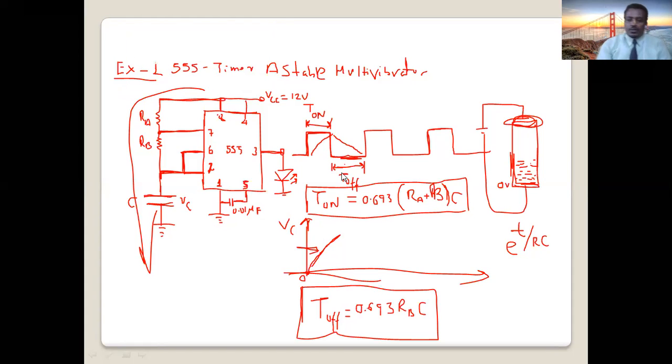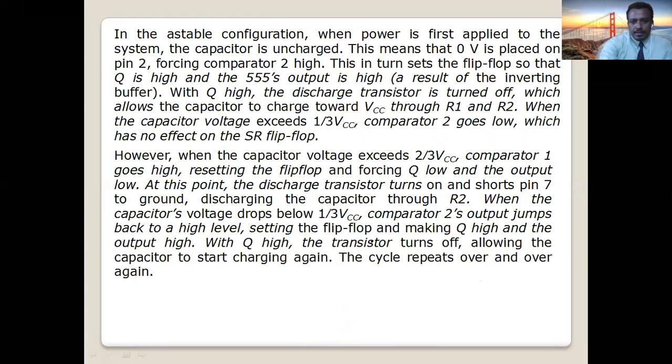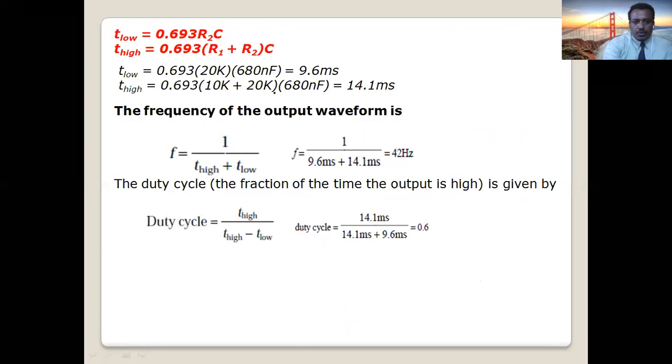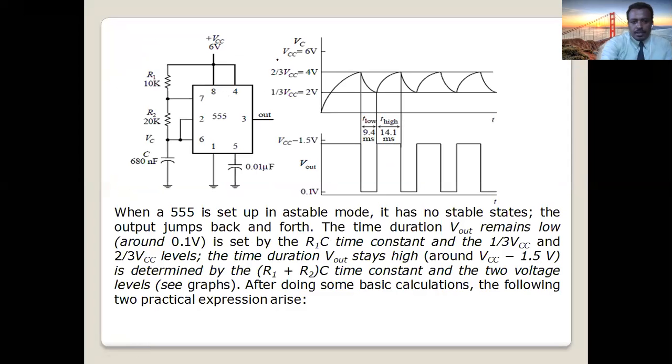I'll show you this using examples. So, why only RB in this case? Look here, in the on period, so when you see here, in this equation, the output T high is 0.693 times (R1 plus R2) times C. R1 is here, 10 kilo ohm.